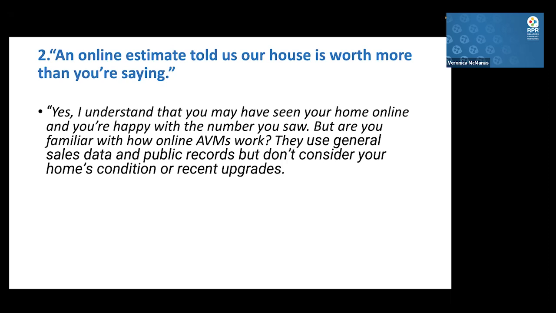But an RPR RVM is accurate within 10% plus or minus of fair market value 90 to 95% of the time. So when you're in RPR, click on the RVM and look at that so that you can better explain to the consumer why the RPR RVM gives you a higher degree of accuracy, because the secret sauce are the active list prices and the pending list prices.